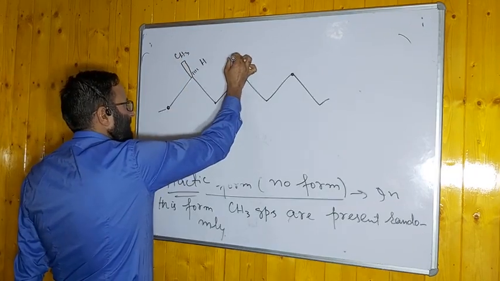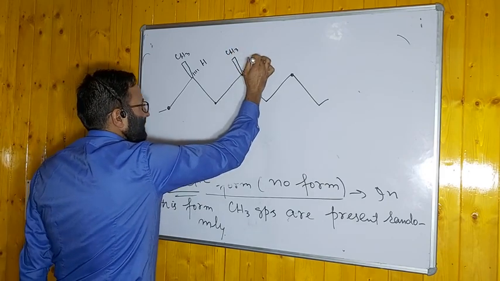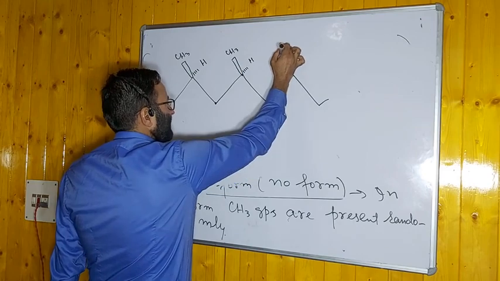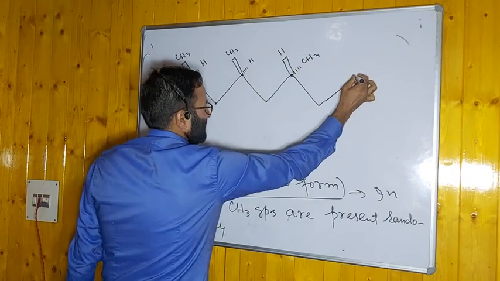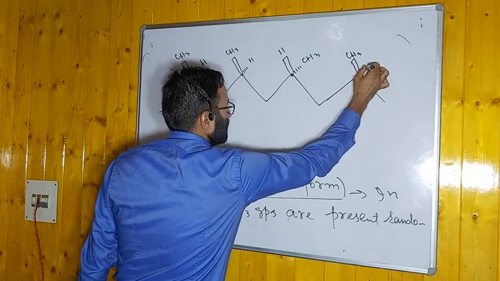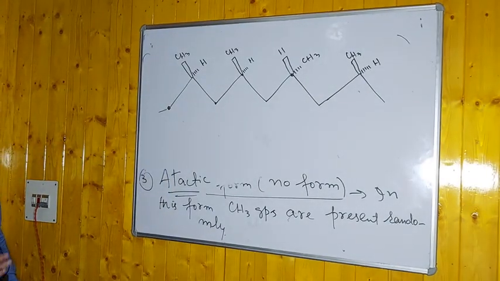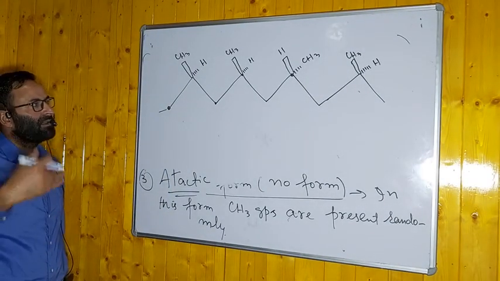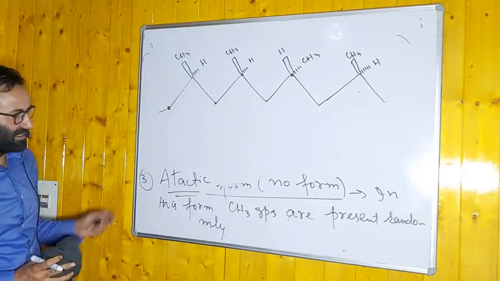Methyl group present above the plane, hydrogen below the plane. Now, hydrogen above the plane, methyl group below the plane. Now again, methyl group above the plane, hydrogen below the plane. There is no order. They are randomly oriented. When the methyl groups and hydrogens are randomly oriented, this stereoisomeric form is known as the atactic form.